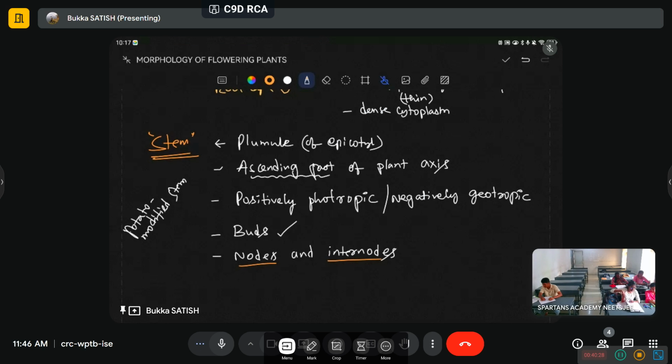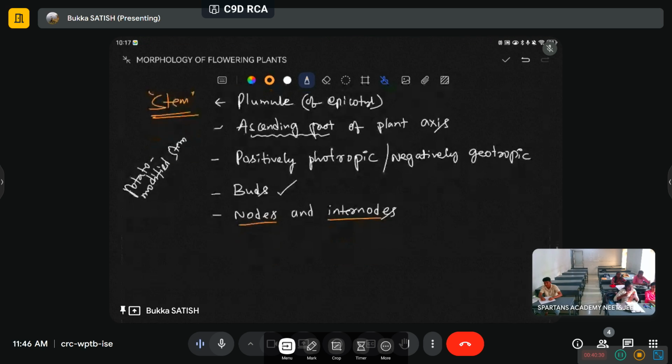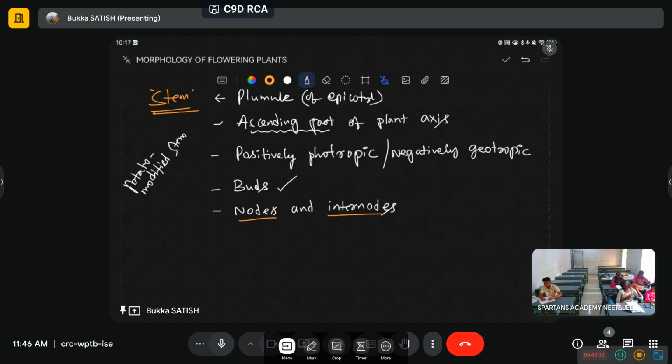Right. Now, hope you are clear. Nodes and internodes is what the difference is. So, what are these nodes and internodes in the stem?